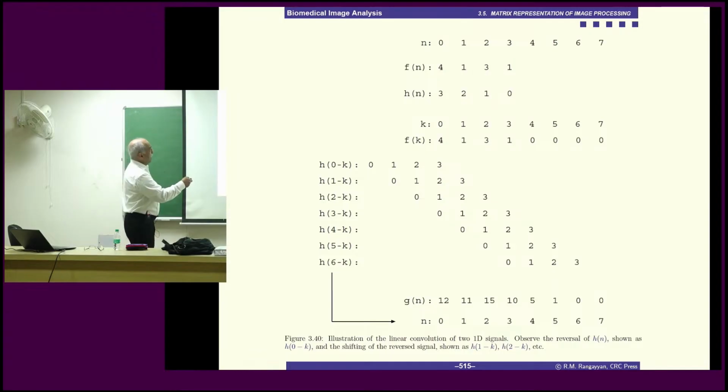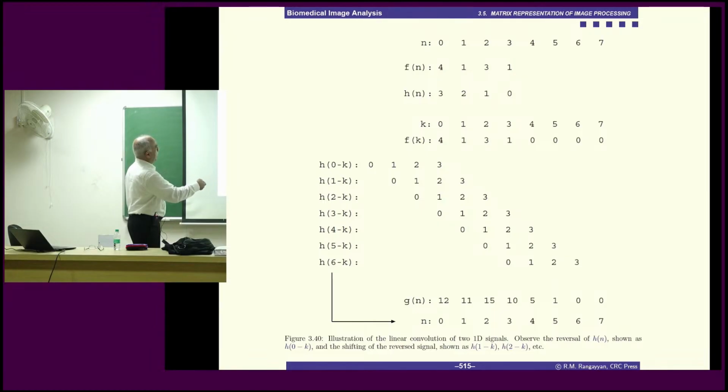So reversal, h[0 minus k], which is h[minus k], from k going 0, 3, 2, 1, 0, going backward. But we don't work on the negative indices. It doesn't matter. We will just write it here. So this is a reversal of 3, 2, 1, 0, written as 3, 2, 1, 0, starting from k equal to 0, going backwards.